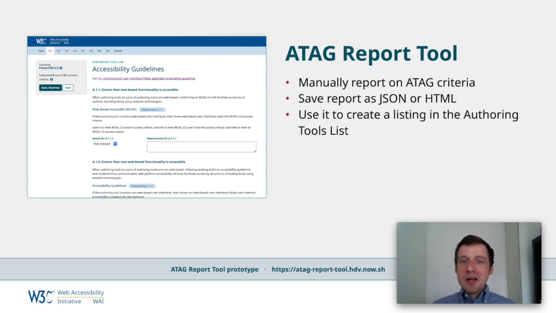You can really create a report that gives detailed information about how accessible your tool is, and you can then export it into JSON, which can then be imported again. So this is really meant for self-reporting on accessibility, specifically of authoring tools, because as I've shown in most of this presentation, authoring tool accessibility is really important, so we want to give people a way to report on their authoring tool accessibility.